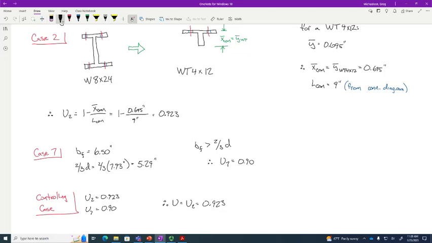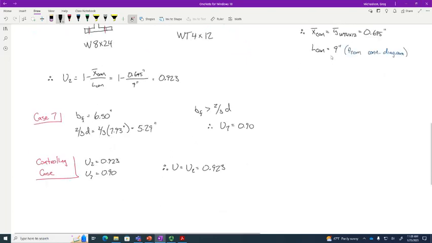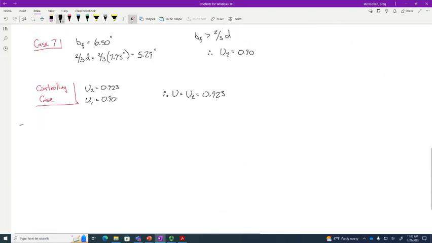So now let's go back up to this. Net section fracture: 0.75 F_U times net area times U, and now we know this, right? So let's go ahead and compute this net section fracture capacity finally. By the way, help me out. What did we get for gross section yielding when we did this? I think it was 318.6 kips.